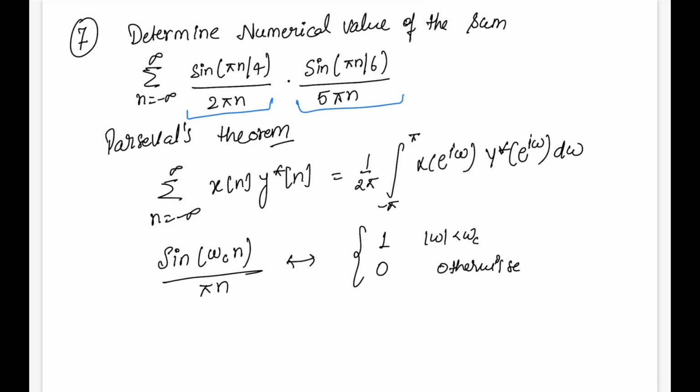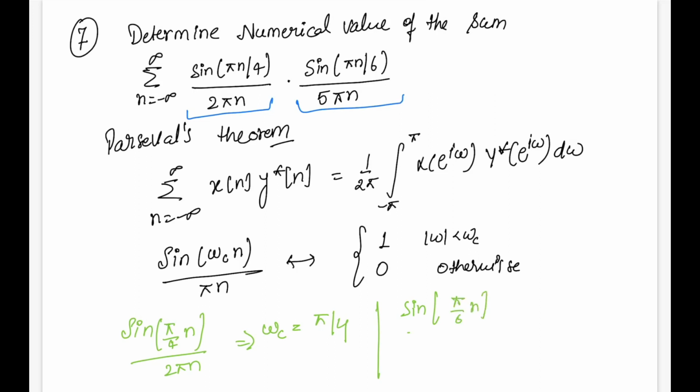So if we want to draw their respective Fourier transforms, we have to determine ω_c. So ω_c for the first sequence, π/4 n, is π/4, and if I write this, this has ω_c of π/6.